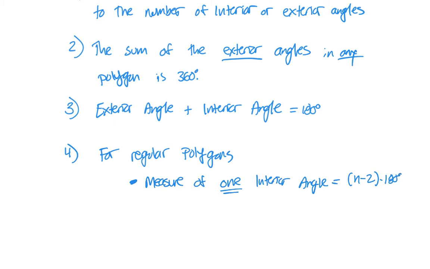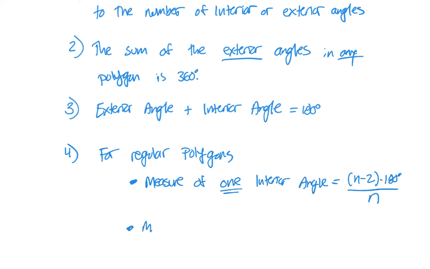Remember, that was adding all of them up. And then if we were to take that and divide that by n, which is the number of sides, that will tell us the measure of one angle. And hopefully that makes sense. Since they're all the same measurement, n minus 2 times 180 adds them all up. And then if you divide them by the number of angles, you'll get the measure of one specific interior angle.